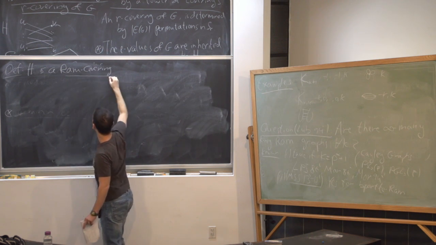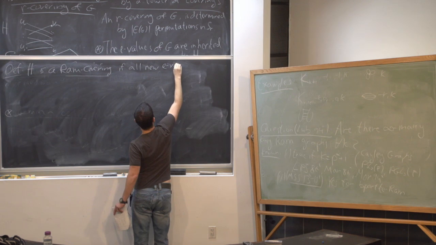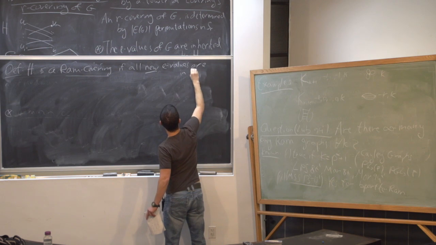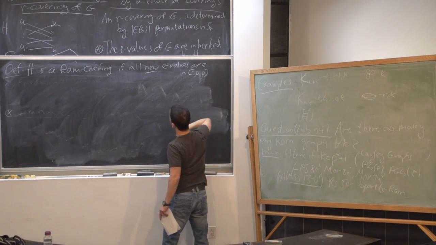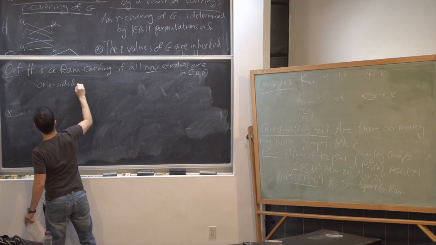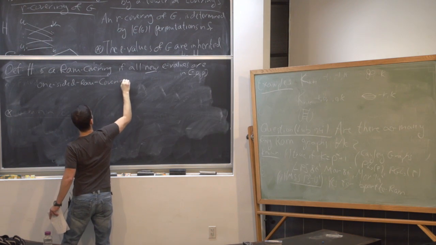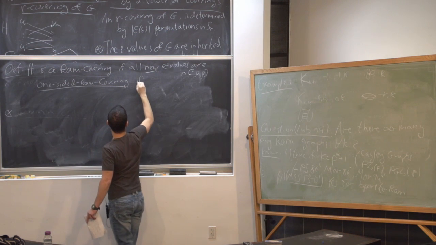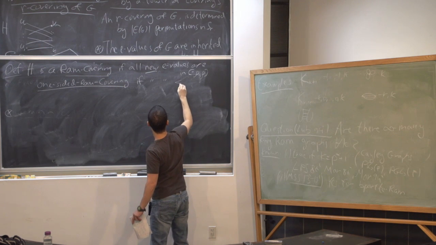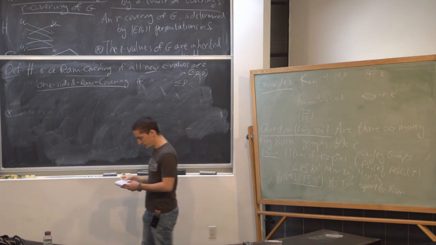We say that H is a Ramanujan covering if all new eigenvalues are in the Ramanujan interval, and we'll say that it is a one-sided Ramanujan covering if the new eigenvalues are at most rho. So you bound the new eigenvalues only from above.